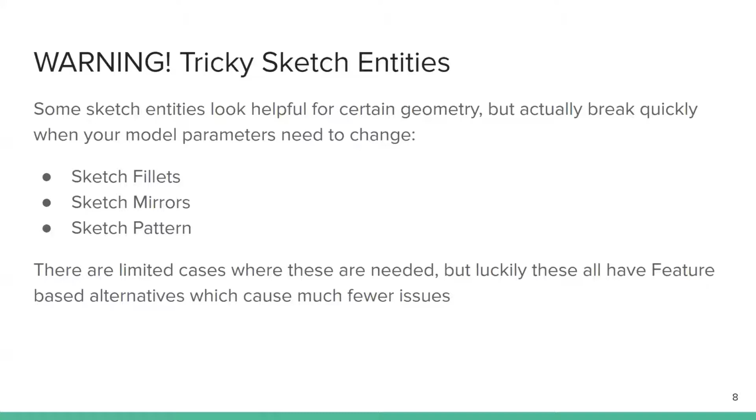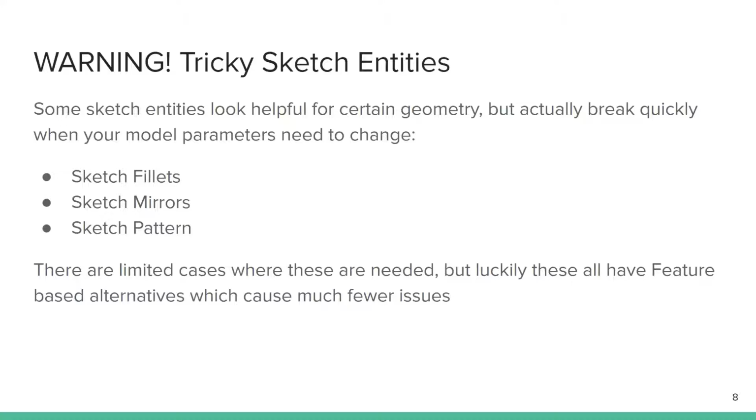So a lot of times you want a fillet. First of all, a fillet is when you round a corner, and that's good for manufacturing things and also not having sharp edges on your parts. But mirrors and patterns are both ways to duplicate features within your part, right? So maybe you want a pattern of holes all the way around. Instead of drawing a bunch of circles, you're going to draw one circle and then pattern it.